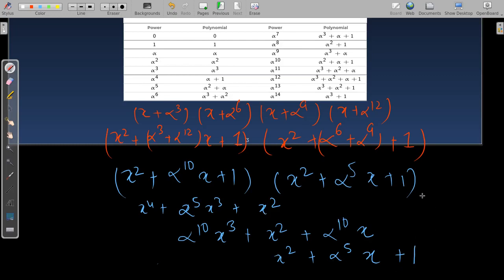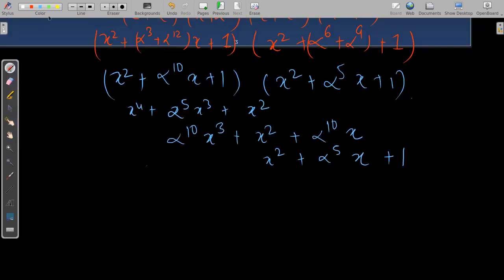So here our result is going to be x to the power 4 plus x cube plus x square plus x plus 1. So this is the minimal polynomial with respect to field elements alpha cube, alpha 6, alpha 9 and alpha 12.